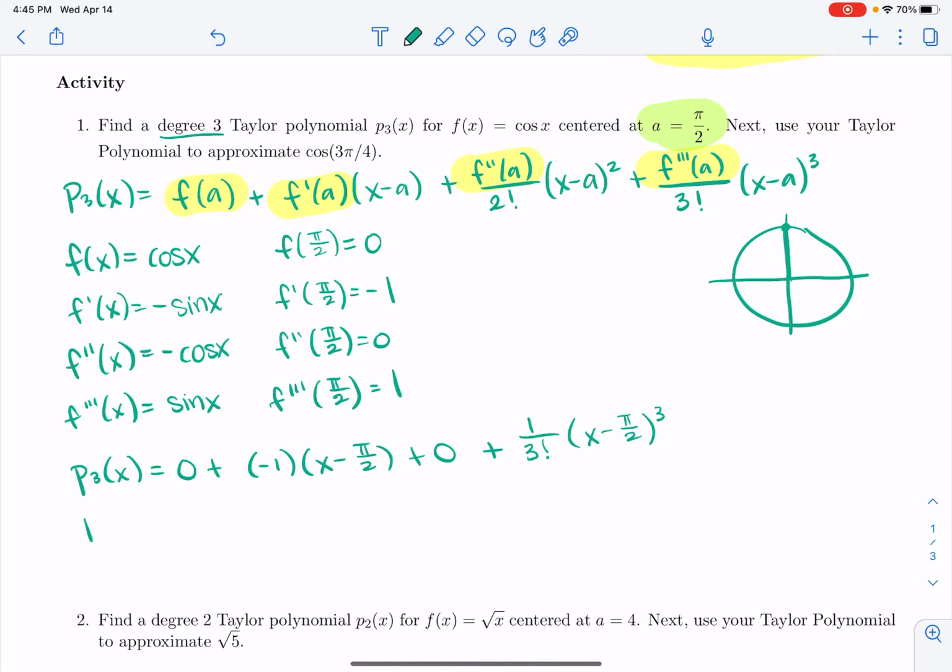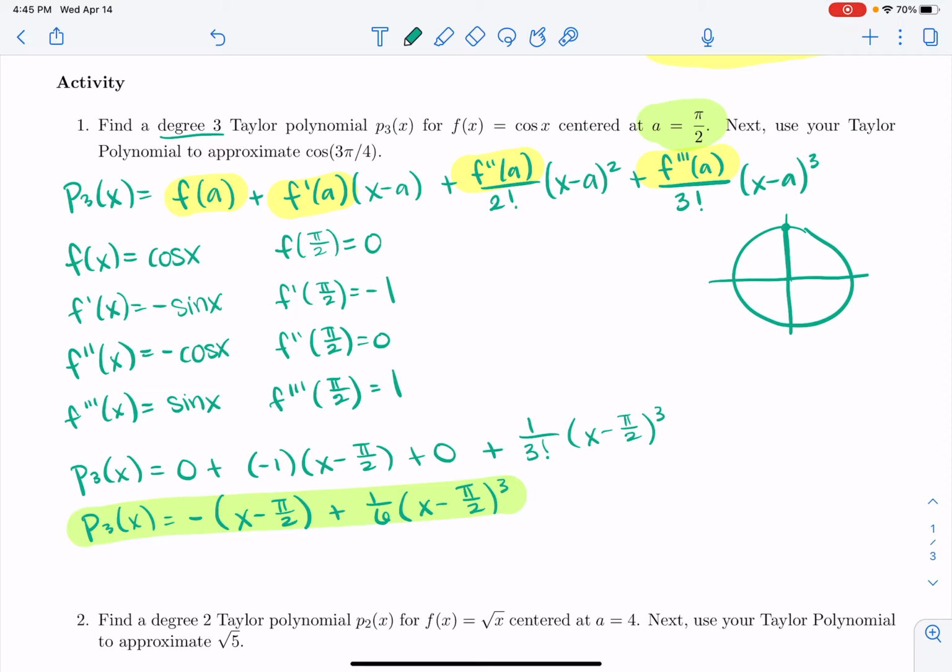So if we simplify this, we get P3 of x is equal to minus quantity x minus pi over 2. I'm not going to change the x minus pi over 2. I'm not going to distribute anything because I like seeing it in that form. And then plus 1 over 3 factorial, which is 1 over 6 times x minus pi over 2 cubed. All right, so now that's our Taylor polynomial. We did it. There's our answer there.